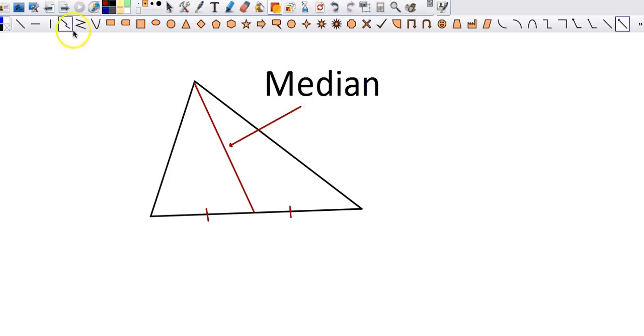And I can draw that for all three vertices of the triangle. Now it turns out that if I draw three of them, and if I do this accurately, they're all going to cross in the same spot.